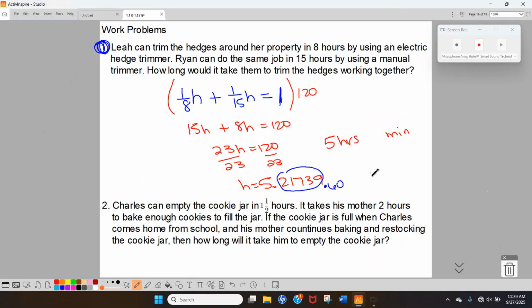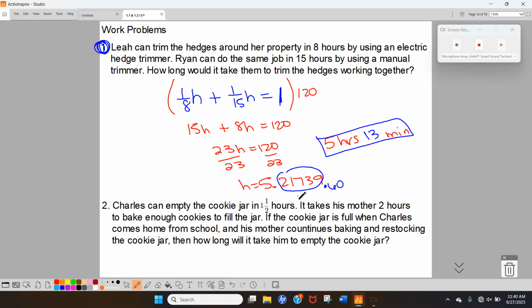So when you divide 120 by 23 and you get 5 point whatever in your calculator, then you're going to subtract the whole number part. So subtract the 5. So just the decimal is left and then multiply by 60 and that'll give you some minutes. So in this case, it's 5 hours, 13 minutes. I don't know why I can't draw straight lines today.